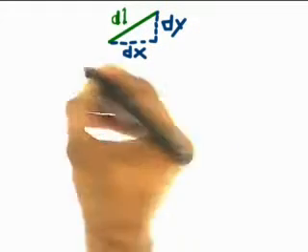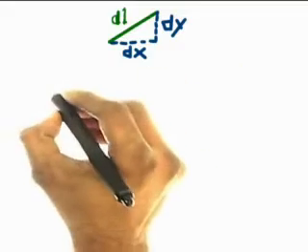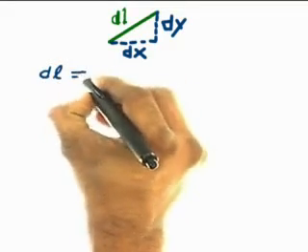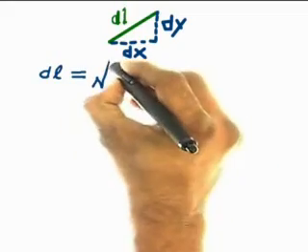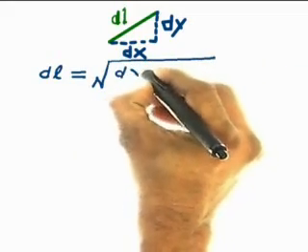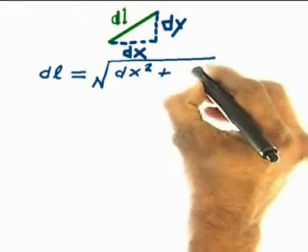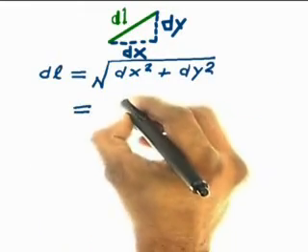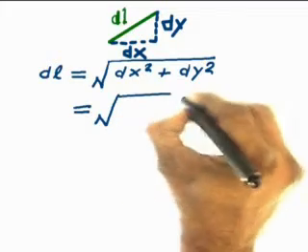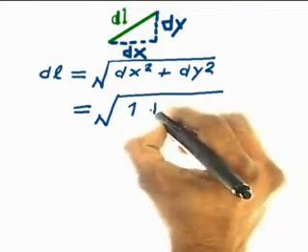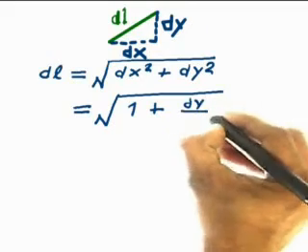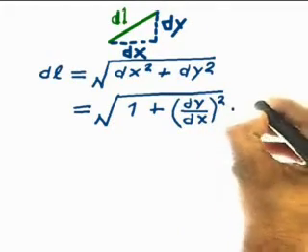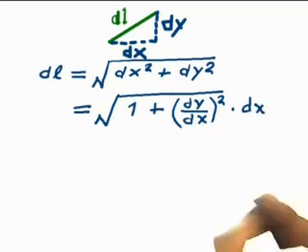Then we easily write by using Pythagoras theorem again that dl is equal to under root of dx square plus dy square, or it is equal to under root of 1 plus (dy over dx) whole square, and outside the root dx.